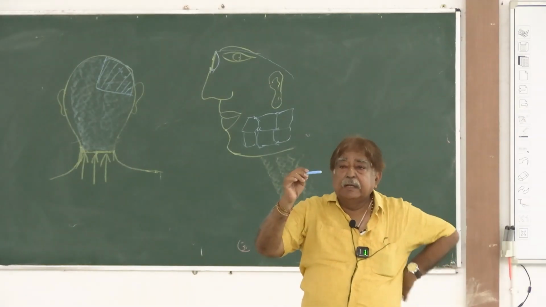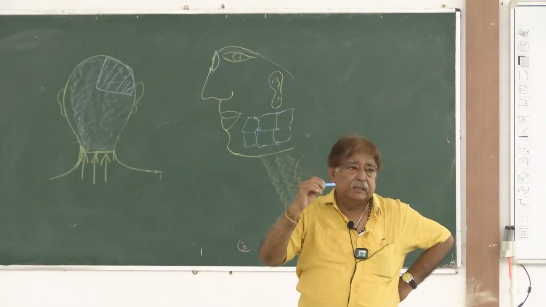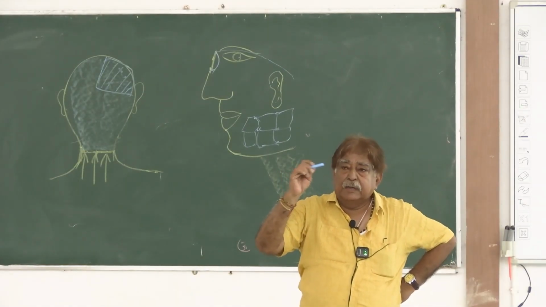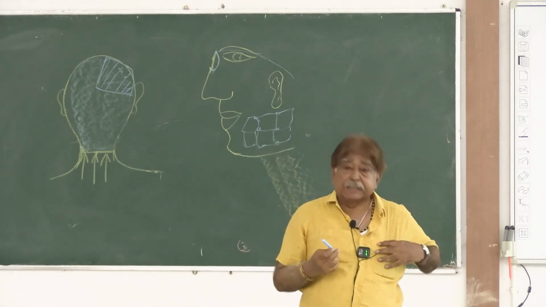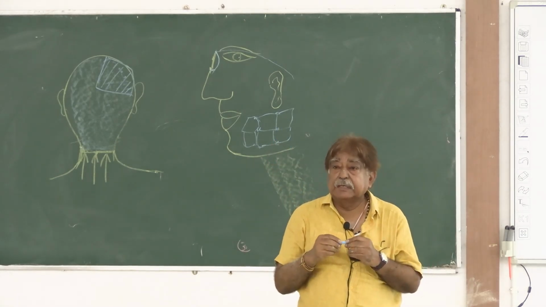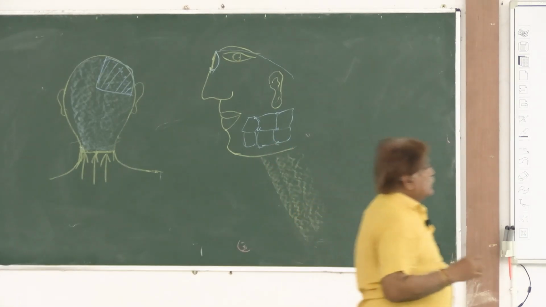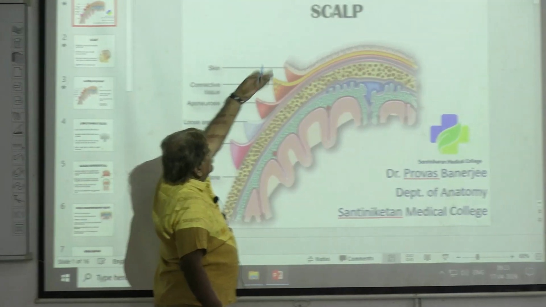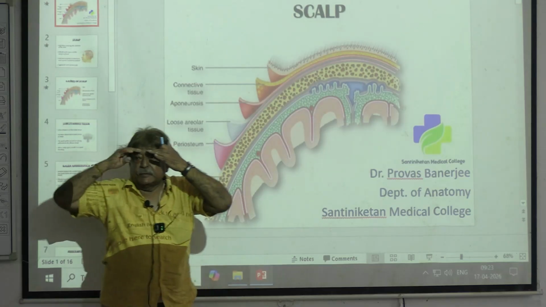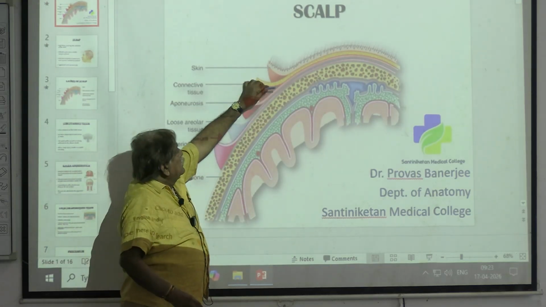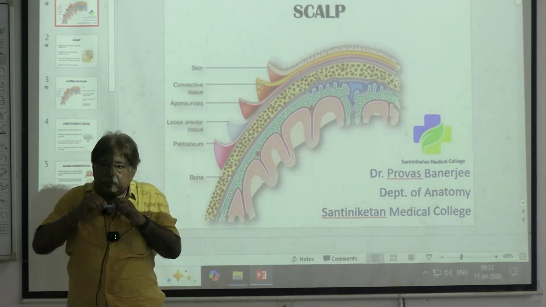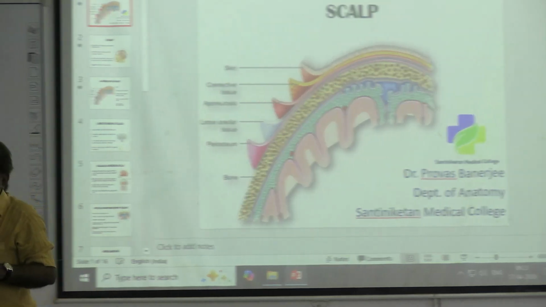He took a saw, the pen size. Skin is put up in front, and then he took the saw and went up to the bone.